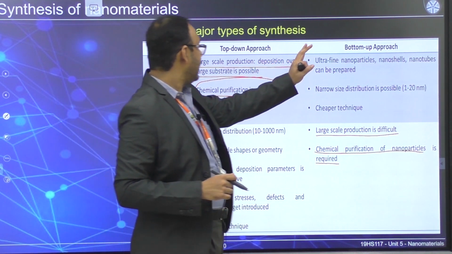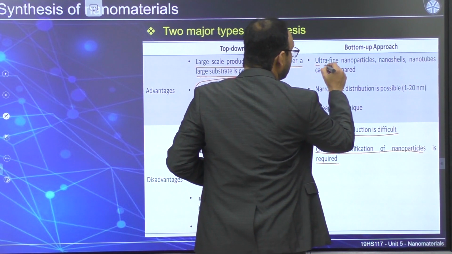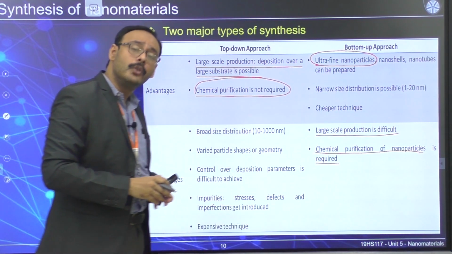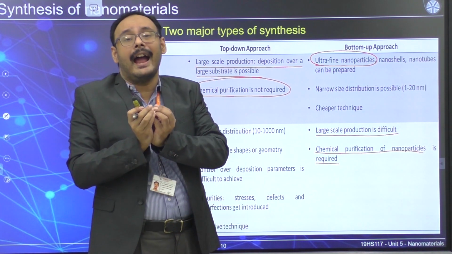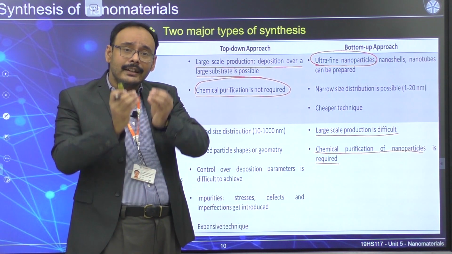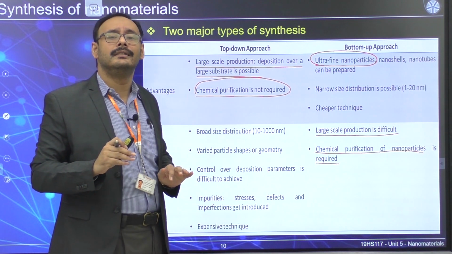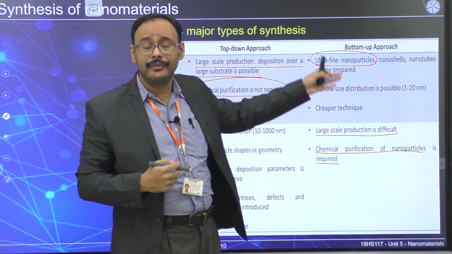Now, as far as the advantage of bottom-up approach is concerned, you are going to get ultra-fine nanoparticles. Why? Because mostly this is not coming from the bulk, this is coming from the atoms. So if you can vary your reaction conditions, there are ways that you can stop the reaction at a scale which is going to give you a very small nanoparticle. Okay? So they are called ultra small, ultra fine nanoparticles.